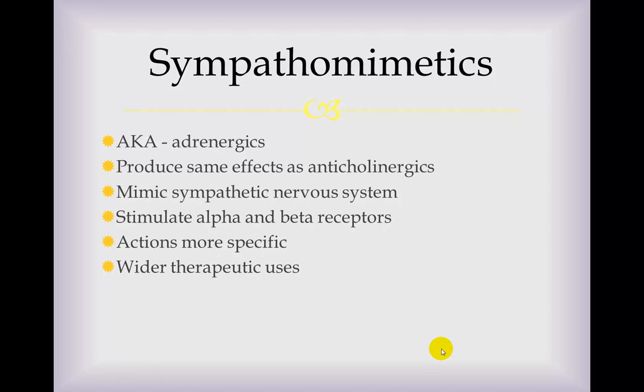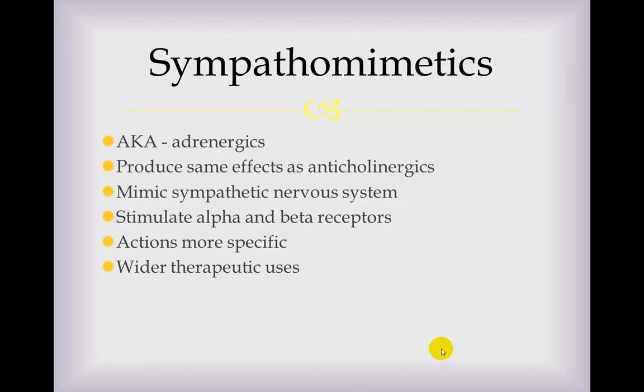Sympathomimetics, also known as adrenergics, produce the same effects as the sympathetic nervous system. This is a refresher: they mimic the sympathetic nervous system. They can stimulate alpha and beta receptors, sometimes all four, alpha 1, alpha 2, beta 1, beta 2, sometimes a single receptor.